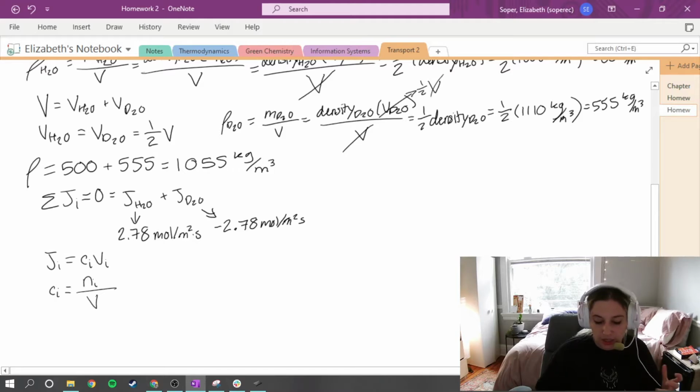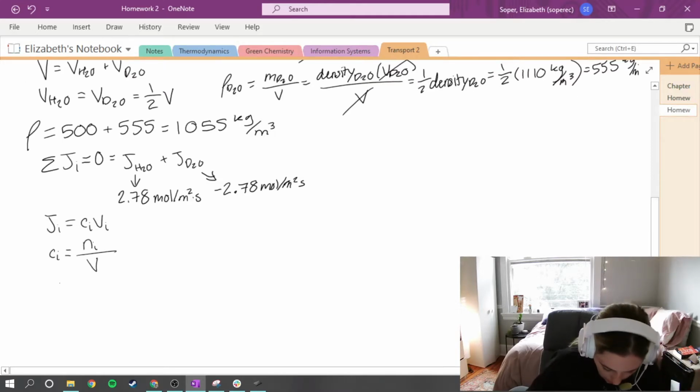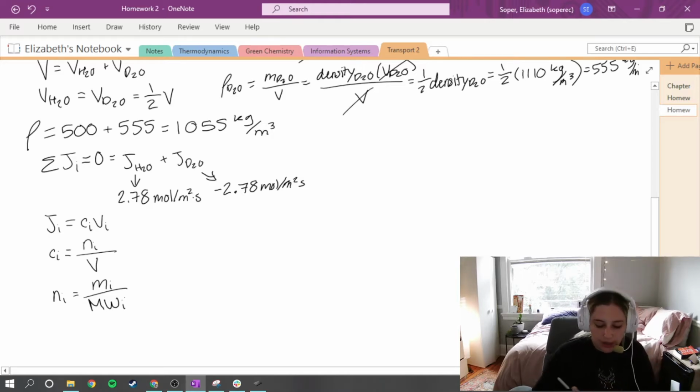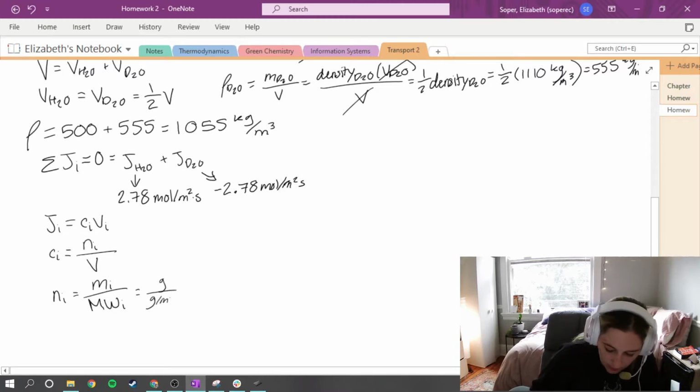Just like mass concentration is the mass of the component over the total volume, molar concentration is the moles of the component over the total volume. So that makes sense. Then to find moles, we can do the mass of component I over the molecular weight of the component. And we know that this gets moles because if we think about the units, this could be grams over grams per mole, and that's just going to end up being moles.